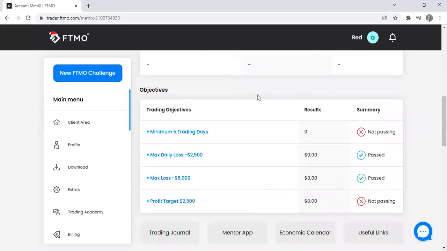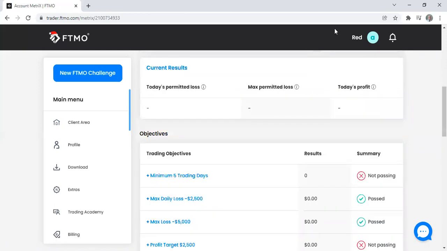What I'm going to be interested in is the trading objectives, and whether you passed the first phase or didn't fulfill any objectives. Let's say you didn't trade a minimum of 5 trading days, or profit of $2,500. Sometimes you might get $2,300. It doesn't mean I won't be willing to listen to you if you get that close to the profit target.